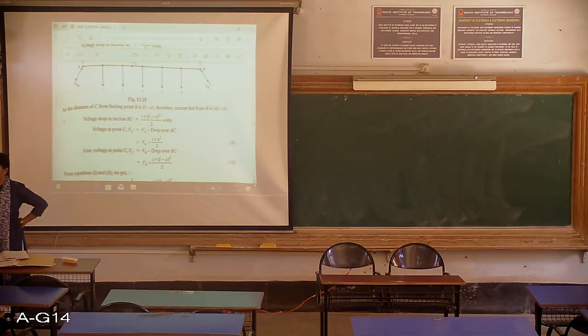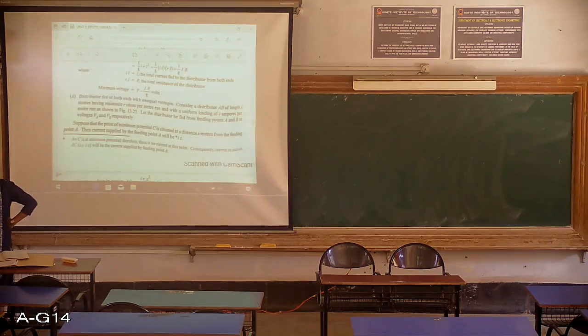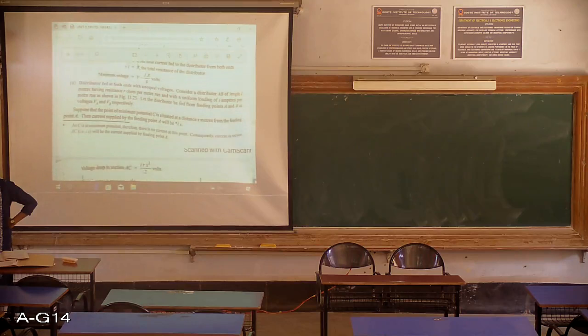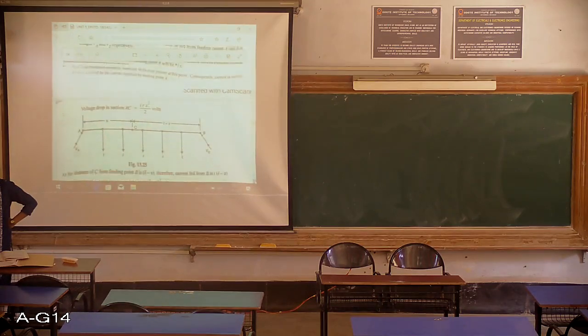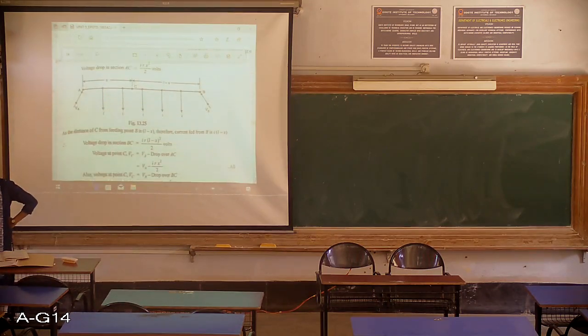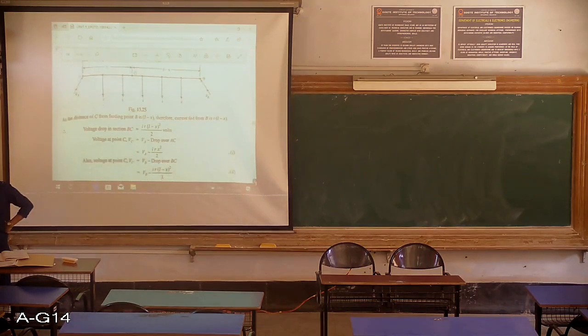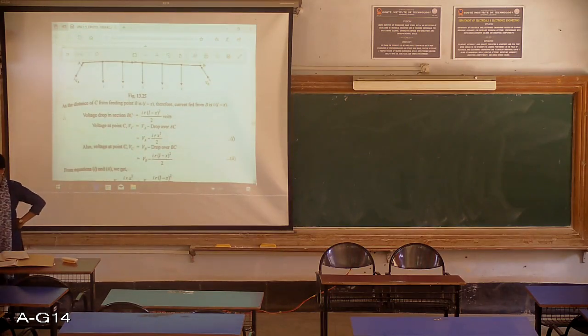Then what is the voltage at point C? VC will be VA minus the drop over the entire section AC, which you have calculated already: IR into X square by 2.